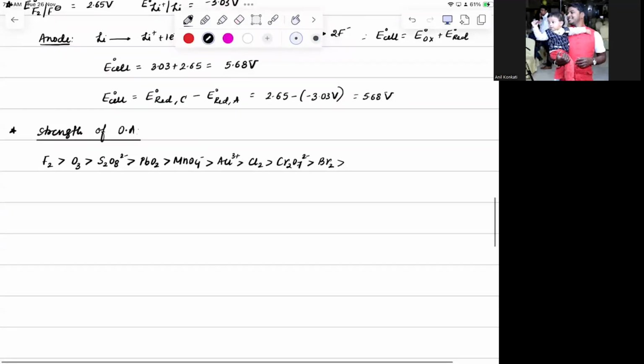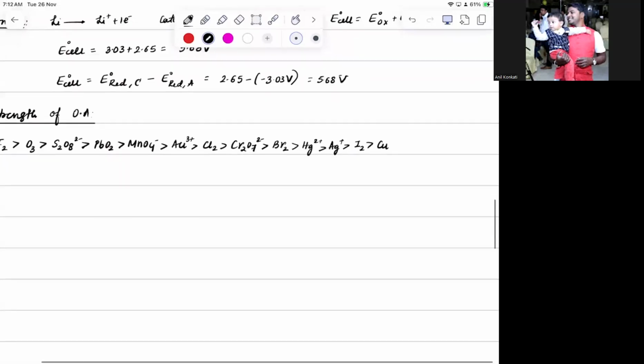Br2. After that, we will get mercury, Hg2 plus. Then comes silver, Ag plus. After that, we'll get I2. And then comes copper, Cu2 plus.